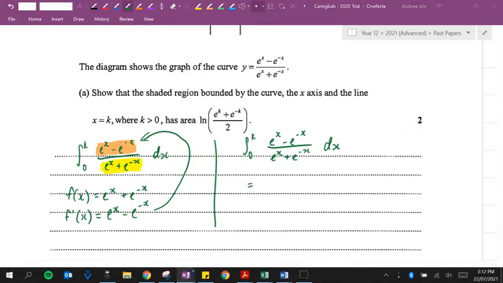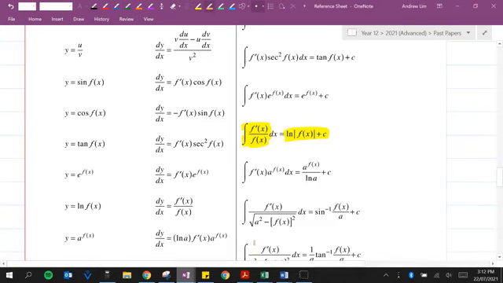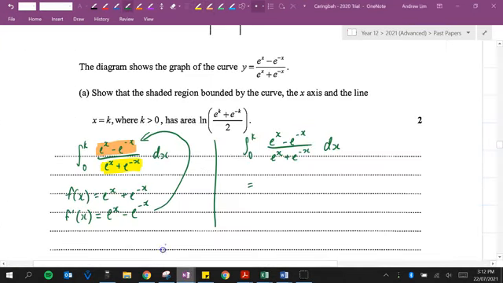When I integrate that, I will get ln of the absolute value of this f of x, e to the x plus e to the negative x, that's the denominator, plus c, except it's a definite integral. So we're going to go from 0 to k. Right, so now we can sub these values in.